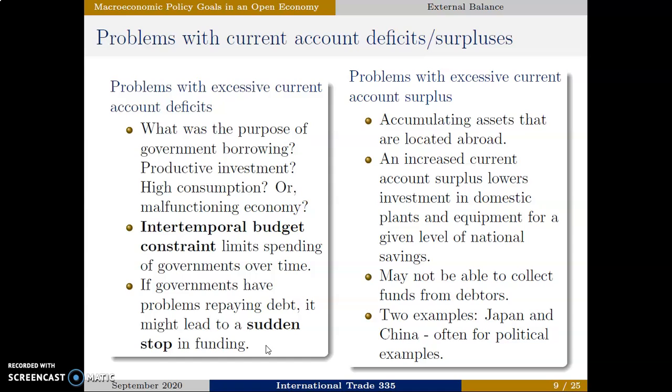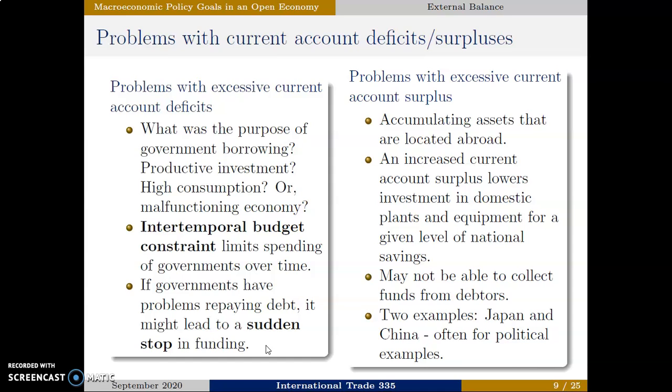There is also the intertemporal budget constraint that limits the spending of governments over time. The final problem with large deficits on the current account is that if governments cannot repay debts made to foreign investors, it might lead to foreign governments refusing to lend more funds to the country, and this could lead to a sudden stop, where the country is unable to import necessities like fuel or food.